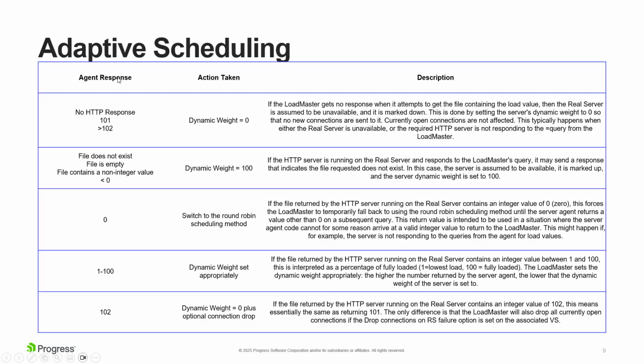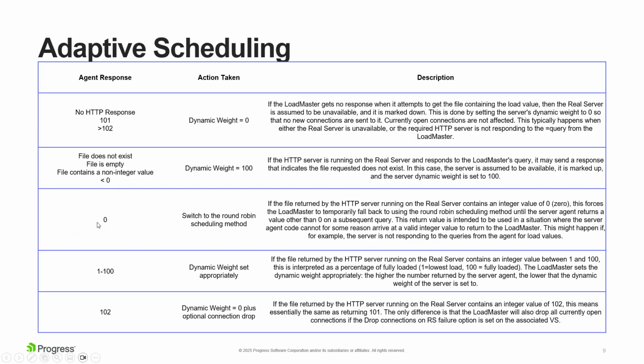Right. So these are the numbers that could be returned, or that the load balancer can read. No HTTP response means I have a weight of 0, so it turns into a normal round robin in that moment. 101 and higher than 102, we don't think it's healthy anymore.